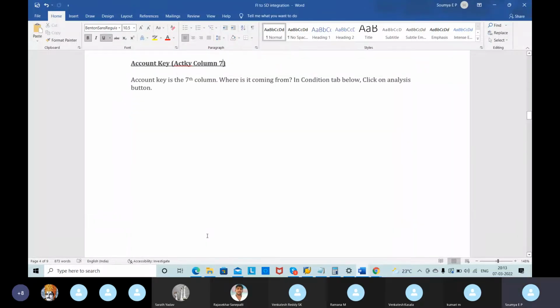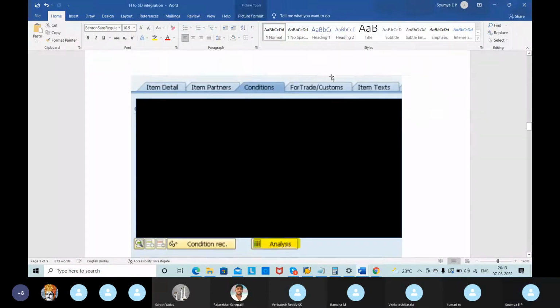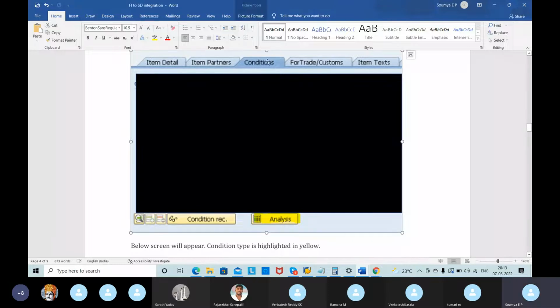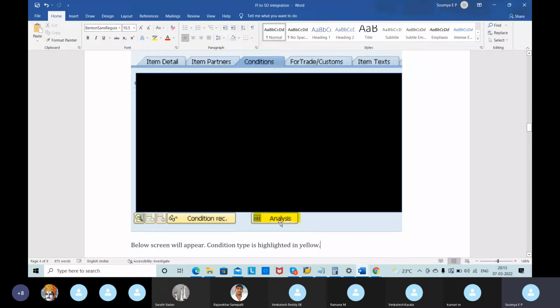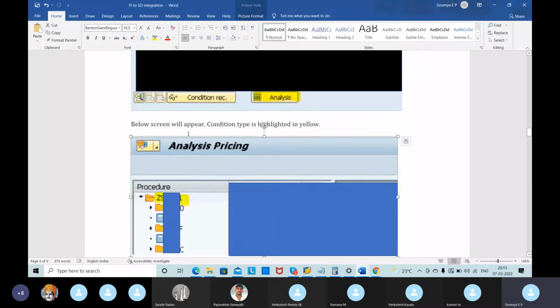Accounting key, the 7th column, comes from the condition tab. This is the condition tab and this is the analysis. Click on the analysis. The below screen will appear. The condition type is highlighted in yellow.